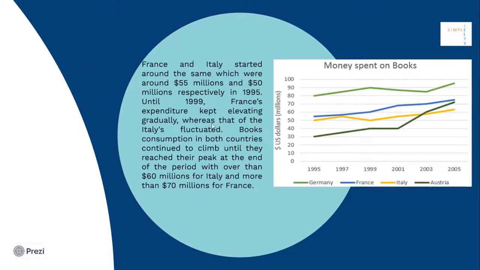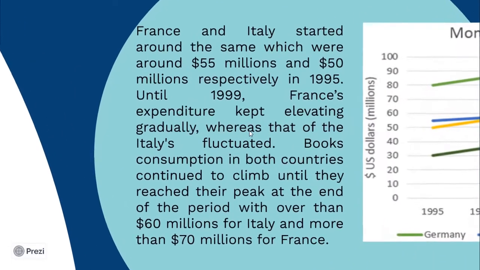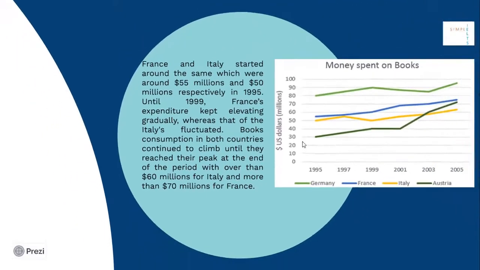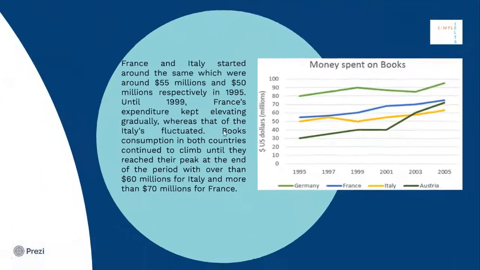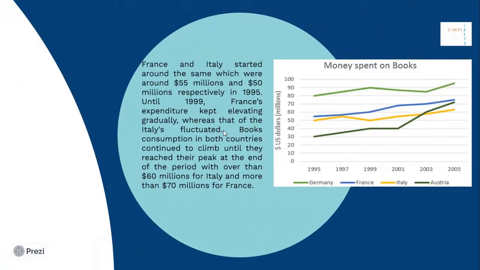Whereas that of Italy fluctuated. Italy's expenditure fluctuated. Why? Because from 1995 to 1997, it increased and then it went down from 1997 to 1999. So there's a fluctuation in that sense.